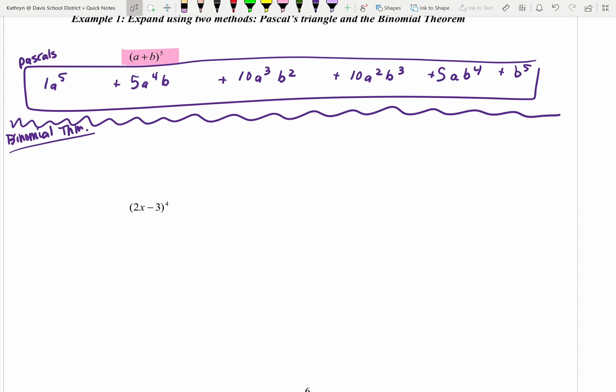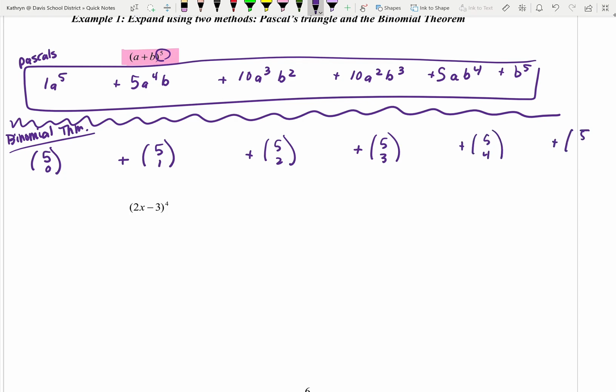Everybody stay calm. Okay. Do you see how this is a 5 right there? Okay. So first you go 5 combination 0. Leave some room. Plus. Then you go 5 combination 1. Leave some room. Plus 5 combination 2. Plus 5 combination 3. Plus 5 combination 4.